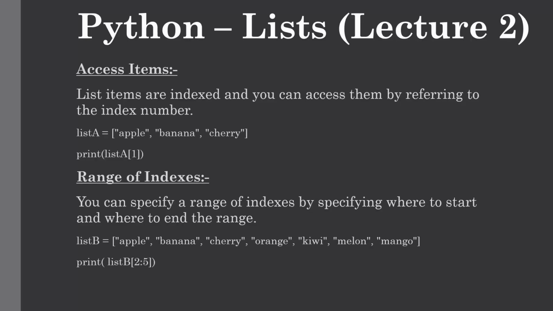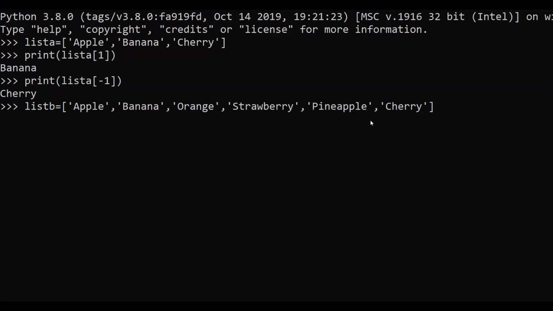Our next topic is range of indexes. We can specify a range of indexes by specifying where to start and where to end the range. When specifying a range, the return value will be a new list with the specified items. To get more clarity, we will use more items in this list. So our list B contains 6 items. The list is created.